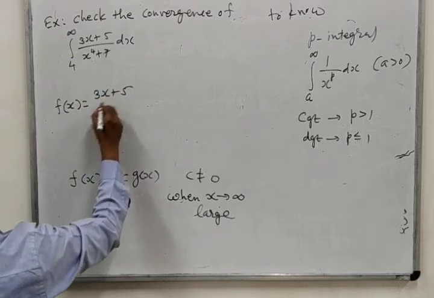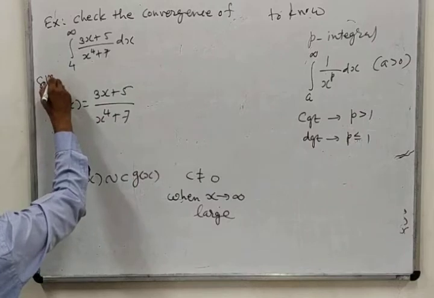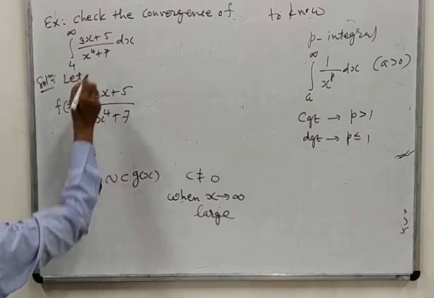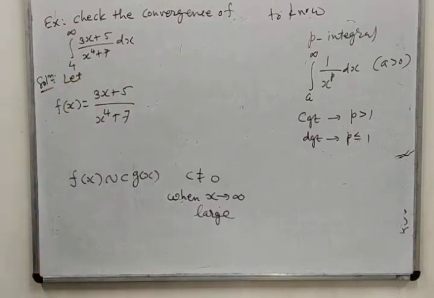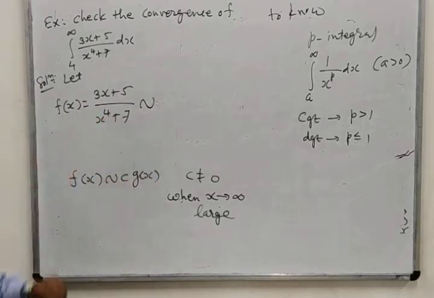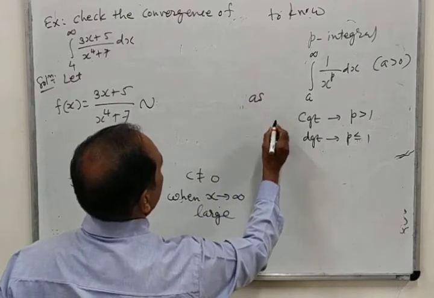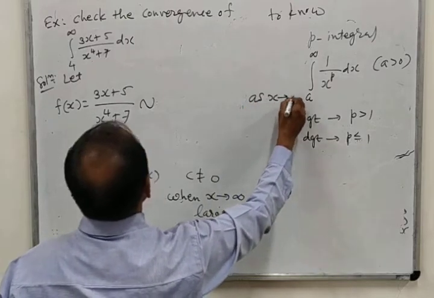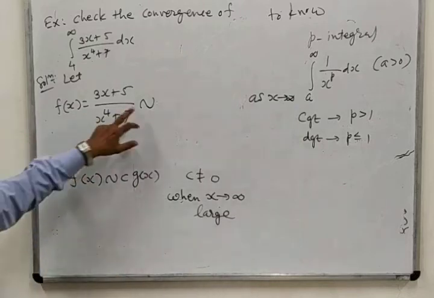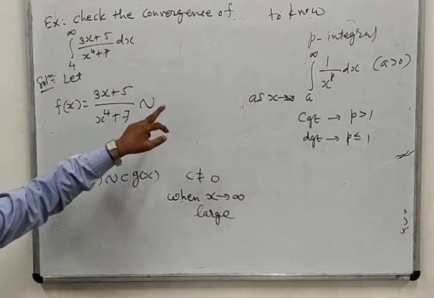Let f(x) equal this one, and we want to find its approximate function with some constant multiple, as x tends to infinity.